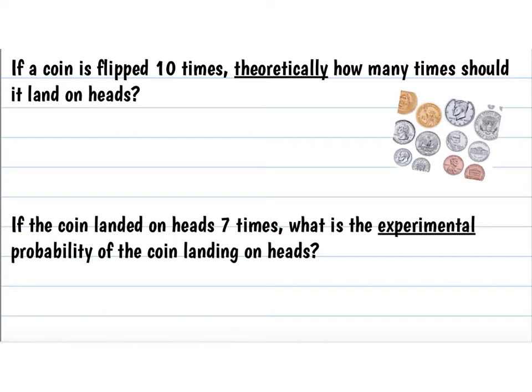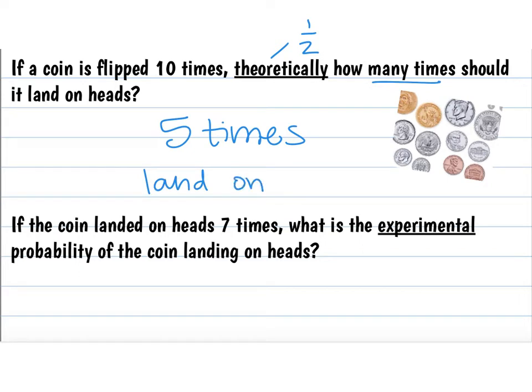So if we're flipping the coin 10 times, theoretically, half of the time it should land on heads, which would be 5 times. So the theoretical probability is 1/2. That's what should happen. But the question is asking how many times should it land on heads? Well, half of 10 is 5. So 5 times it should land on heads.